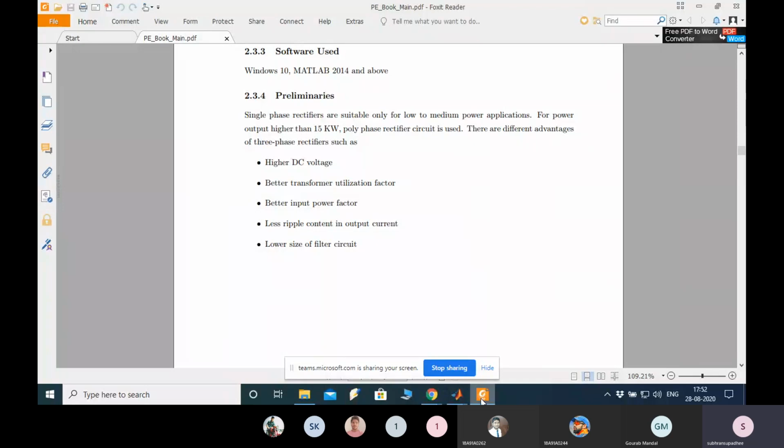The input power factors are also quite interesting here. Input power factor will also be better than the single-phase half wave one.